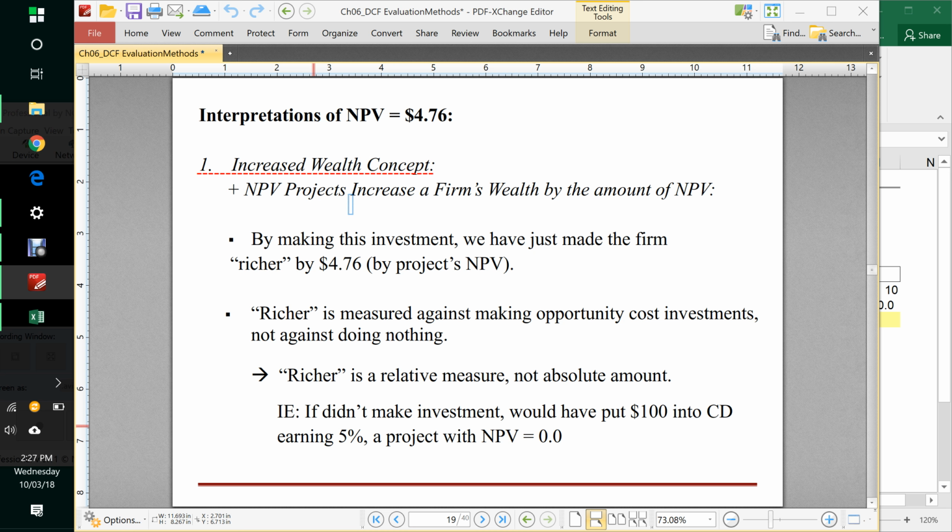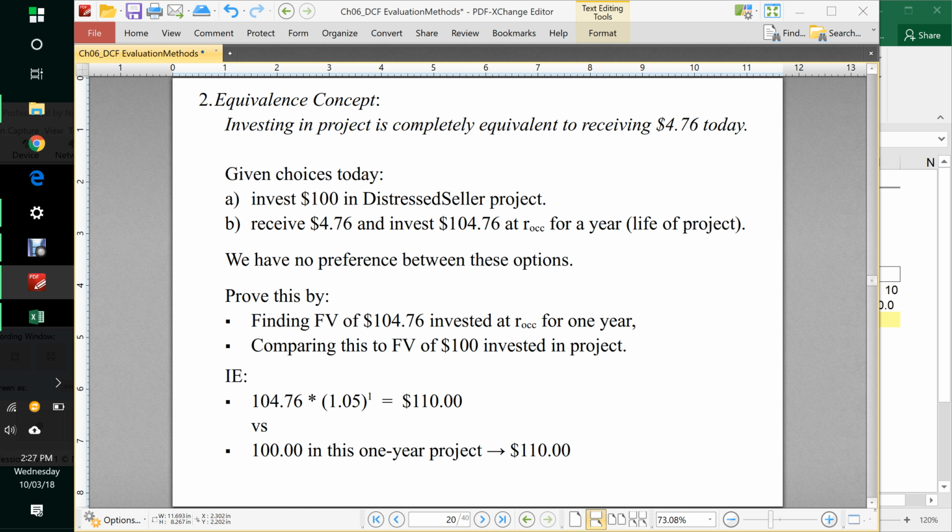If we didn't make the investment, we would have put that $100 into our CDs, plural that should be, earning the weighted average 5%, and we know that has an NPV of 0. So that's why doing this project, it's the same risk, is making us richer by $4.76. Pretty cool.